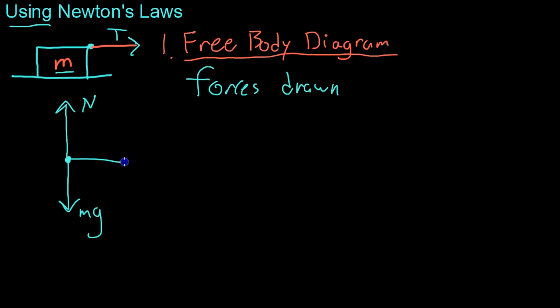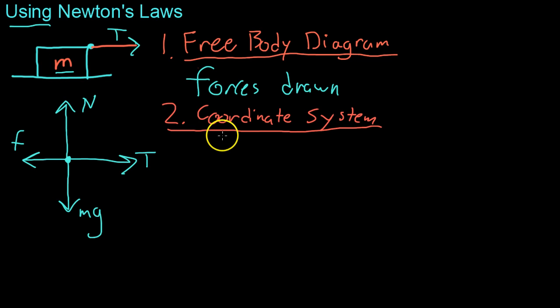Then there's obviously the tension pulling straight to the right, and depending on whether or not there's friction, you may have to draw in a frictional force over here. So here we have drawn all the forces that are affecting this object in this problem.